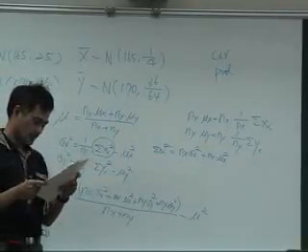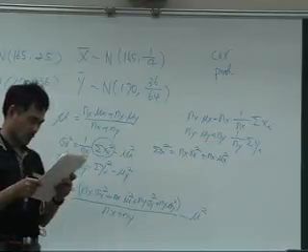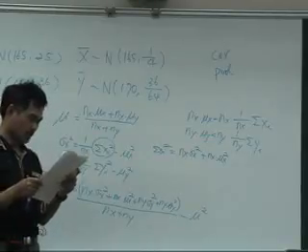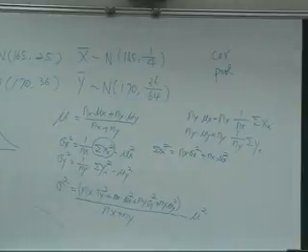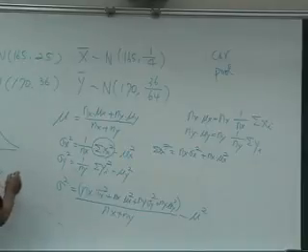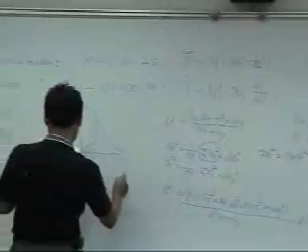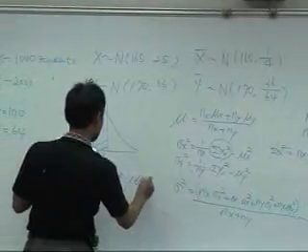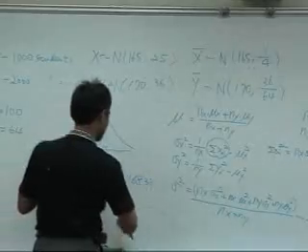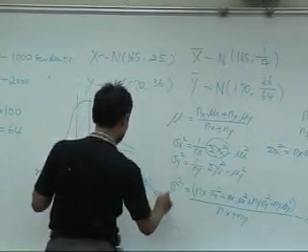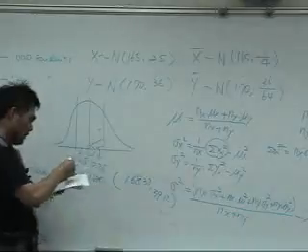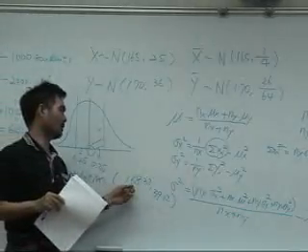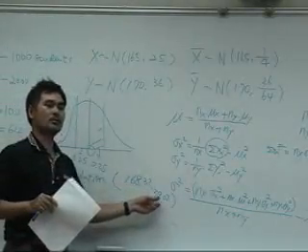So anyway, if you get the new population mean, for the new population, the mean is equal to 168.33. And the variance is equal to 39.02. Okay? So for the mean, you get this, and for the variance, you get this.